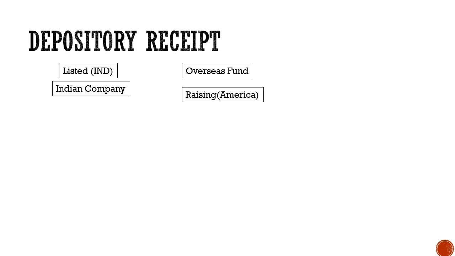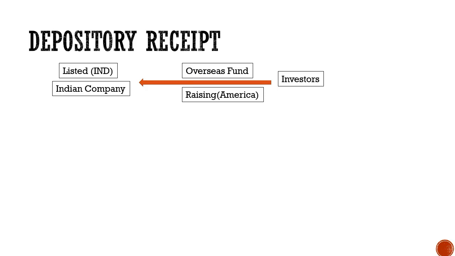Now in America there came an investor who agreed to invest in the Indian company and buy shares of the Indian company. The question arises: can the investor directly invest in the Indian company, or directly buy shares of the Indian company?